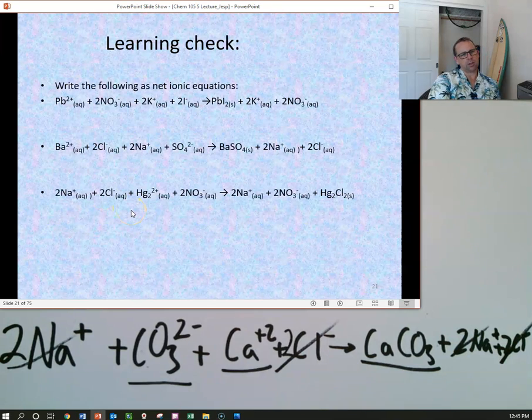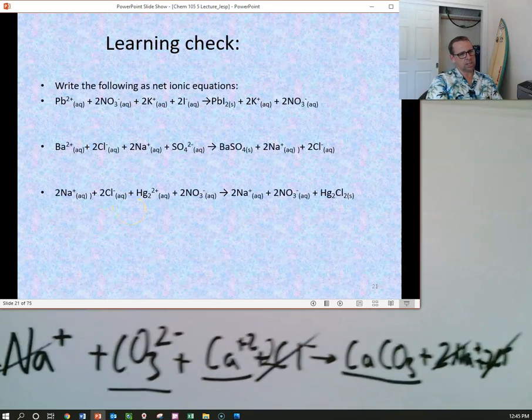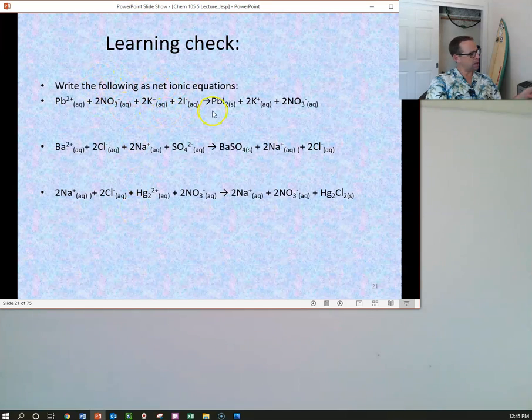Okay, very good. So let's look at this reaction up here and get rid of the spectator ions and find out what's left. If I get rid of the spectator ions, what do I have left in this top reaction here? This is the ionic equation here. What are my spectator ions? 2NO3.